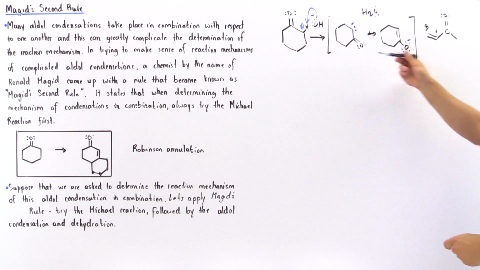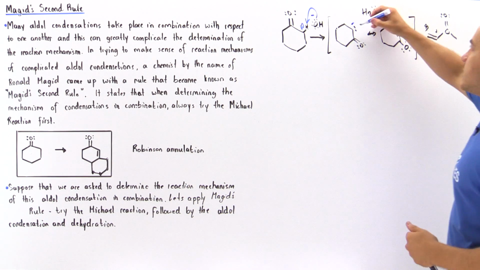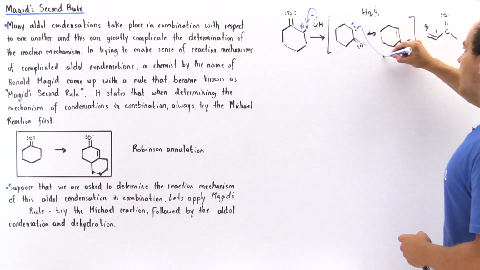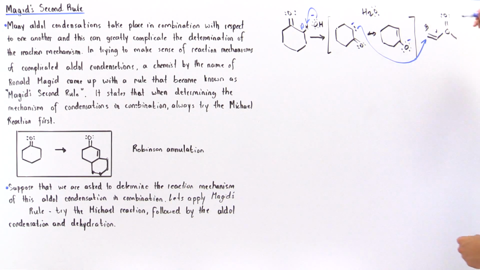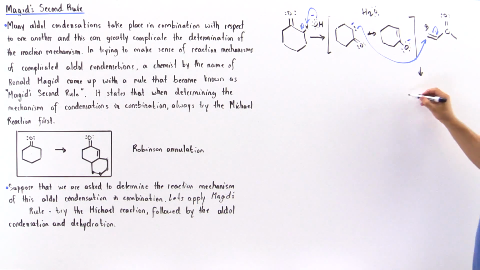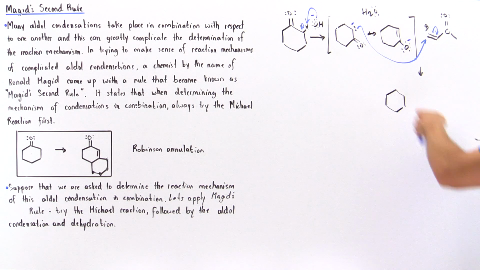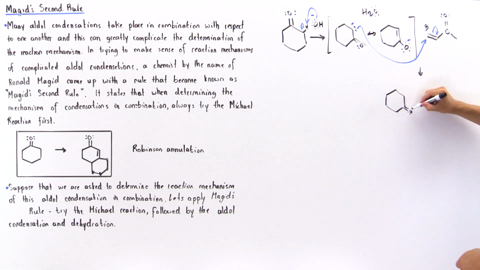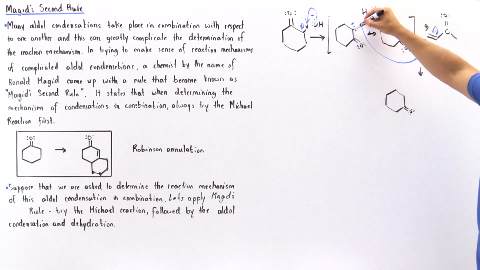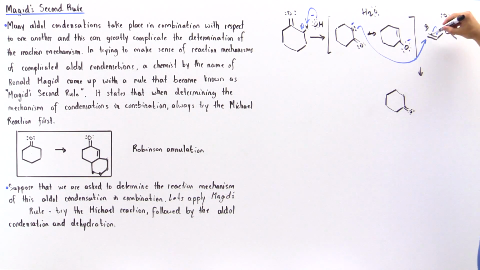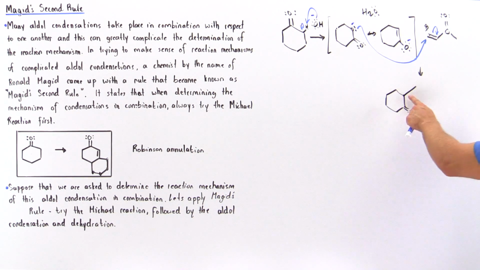And in this Michael reaction, this lone pair of electrons acts as a nucleophile attacking the beta position, displacing these 2 electrons onto our alpha carbon. So the molecule that we form basically looks something like this. This is our carbon-oxygen bond, and so we form a bond between this carbon here and this carbon here, and this is our bond right here.